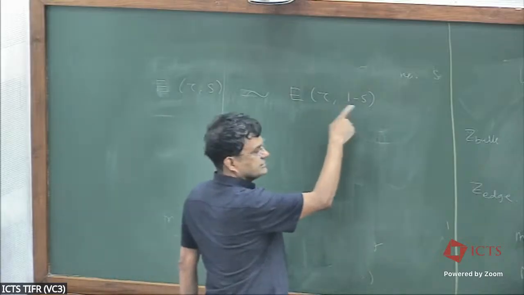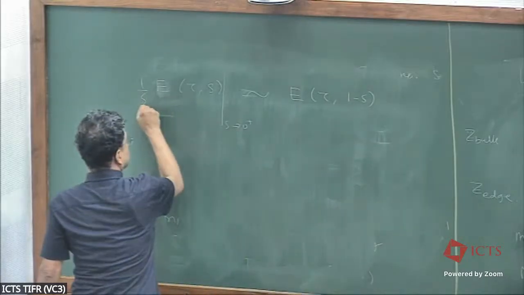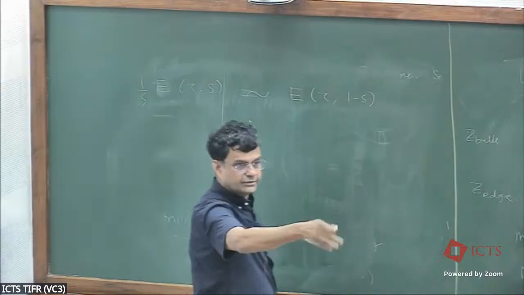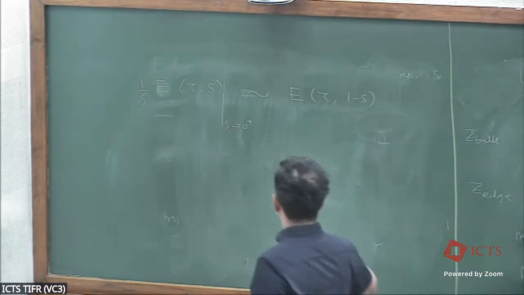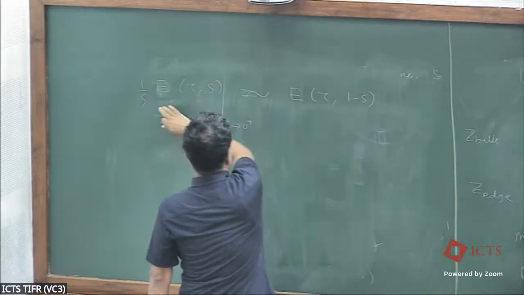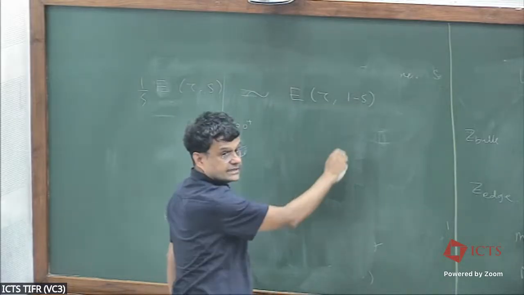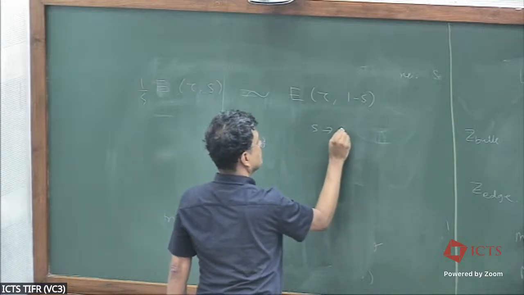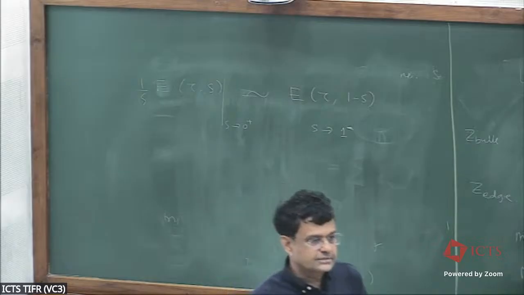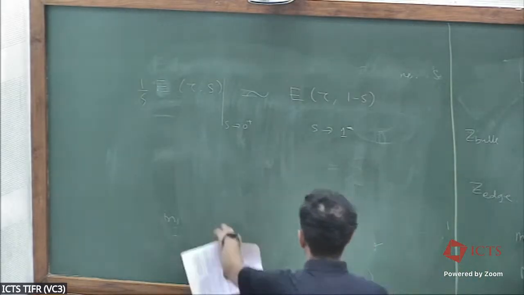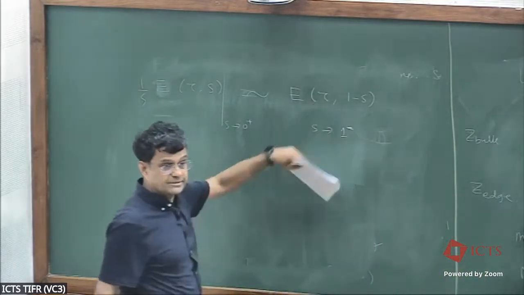But by using some functional identities like the Riemann zeta function, you can relate it to the same function without the 1 upon s at 1 minus s, with s going to 1. So you're just studying the asymptotics. I mean, you can do it directly here also, but this is easier because this has been studied in the literature.